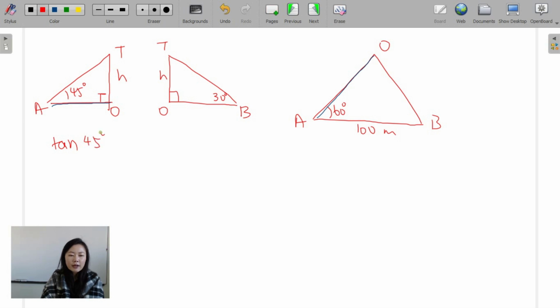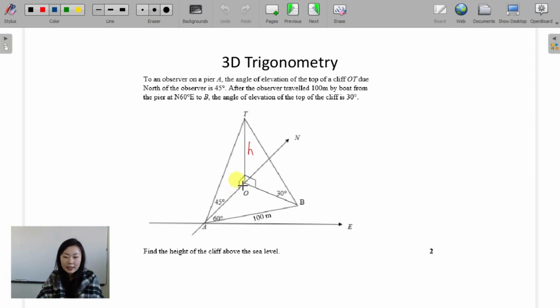Tan 45 is H on AO. Tan 45 is 1. Or you might even know this: if it's a right angle triangle with a 45-degree angle, it's an isosceles right angle triangle. So AO is H. This is H, this is H. Remember, they are the same side, a shared side between the two triangles.